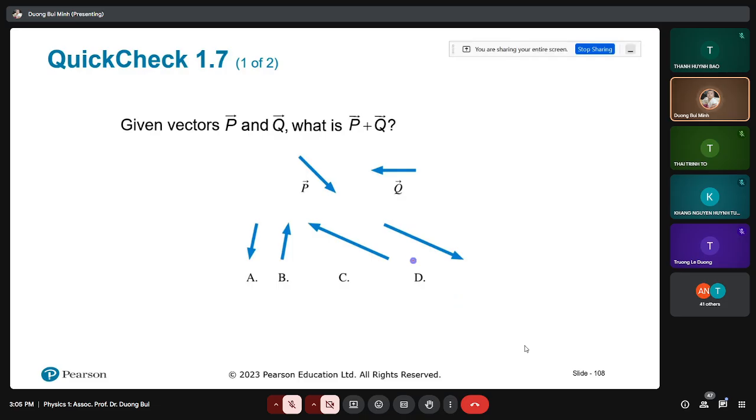So now multiple choice. You try to practice because for the final exam you have multiple choice questions. Think about this one. Given vectors B and Q, what is B plus Q? 1 minute, please. Try to think about the answers by yourself.